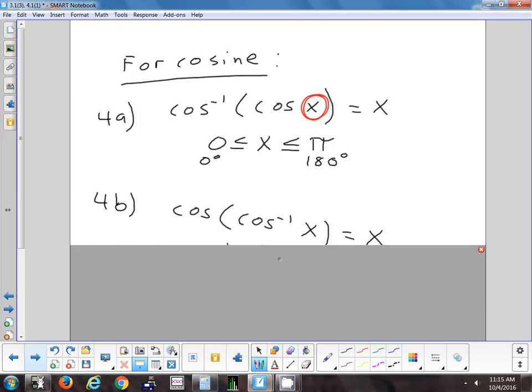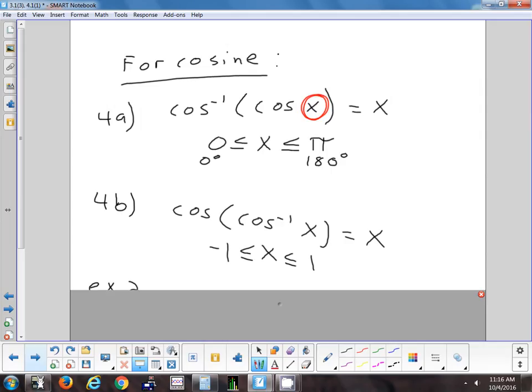So what's the highest that wave ever went? 1, and the lowest? Yeah, -1. Okay. So cosine and inverse cosine cancel when you have cosine on the outside, as long as x is between -1 and 1.